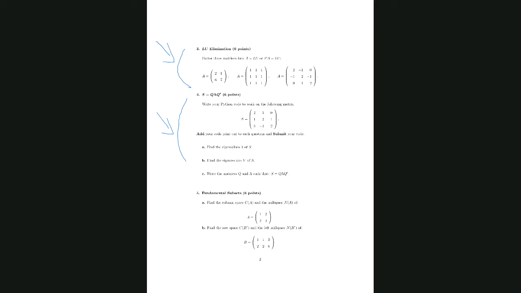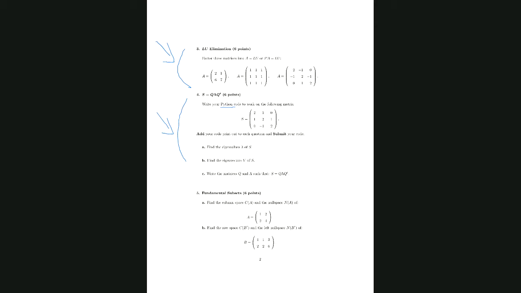And don't worry, just after presenting the homework, I'll go through the steps to install Visual Studio and to get used to writing a piece of code. The most important codes to be used with this homework have already been uploaded. So I'm asking you to write your Python code to work on this symmetric matrix.